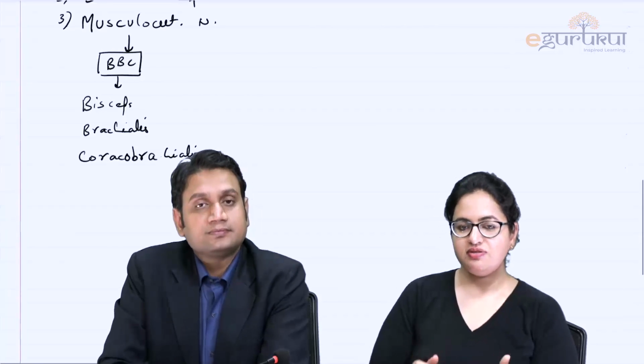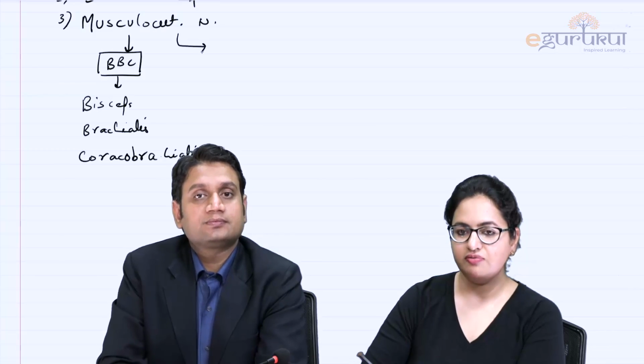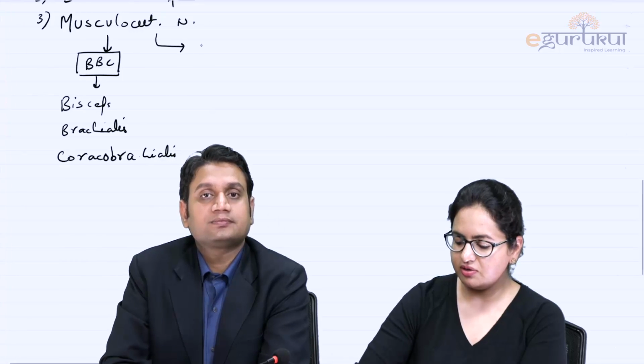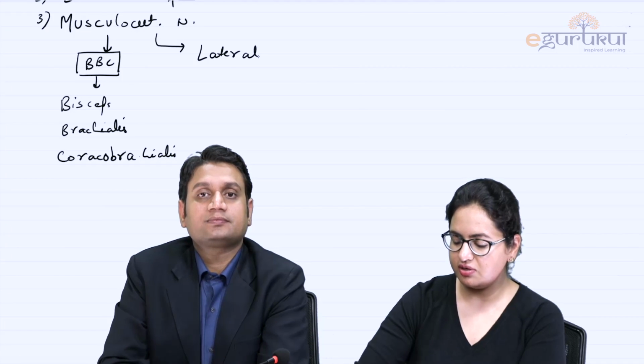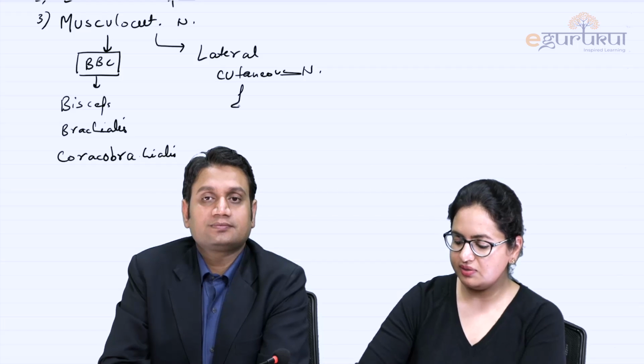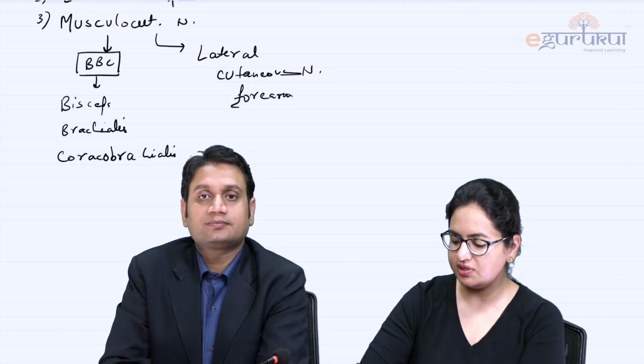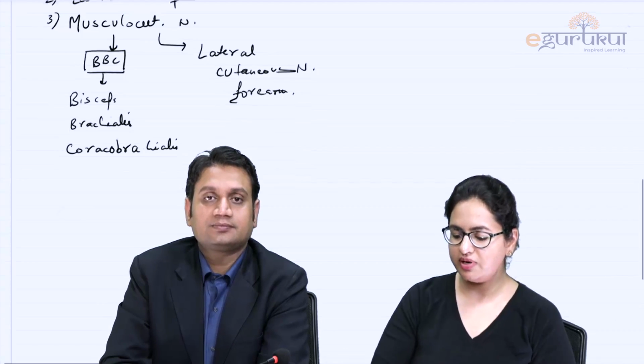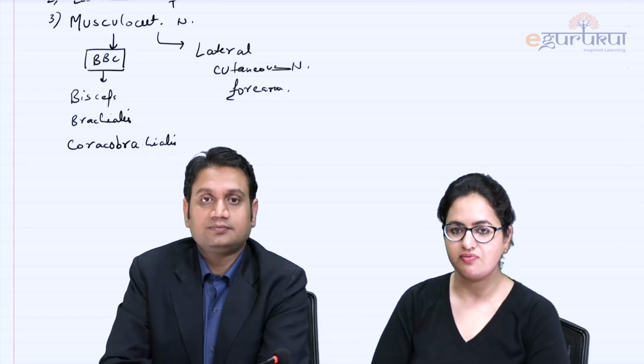After supplying these 3 muscles, the musculocutaneous nerve continues as a cutaneous nerve, the lateral cutaneous nerve of the forearm. So now we know that one of the cutaneous nerves on the lateral side of the forearm is actually a branch of the musculocutaneous nerve.